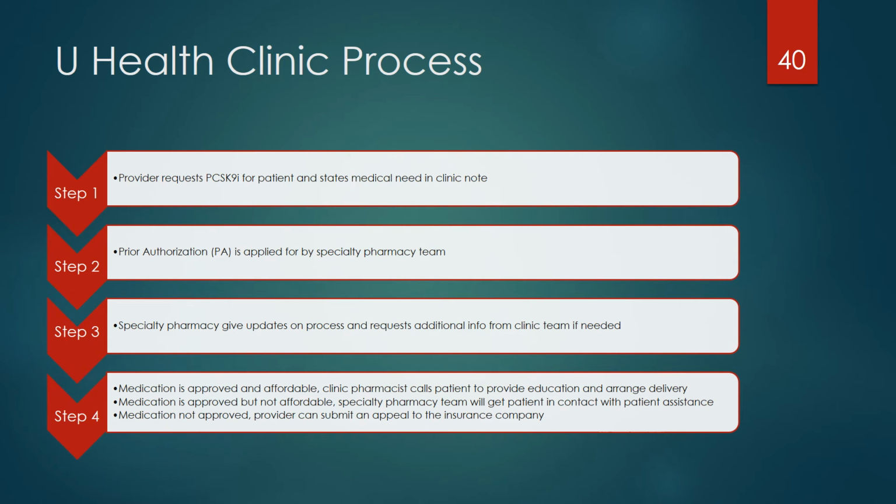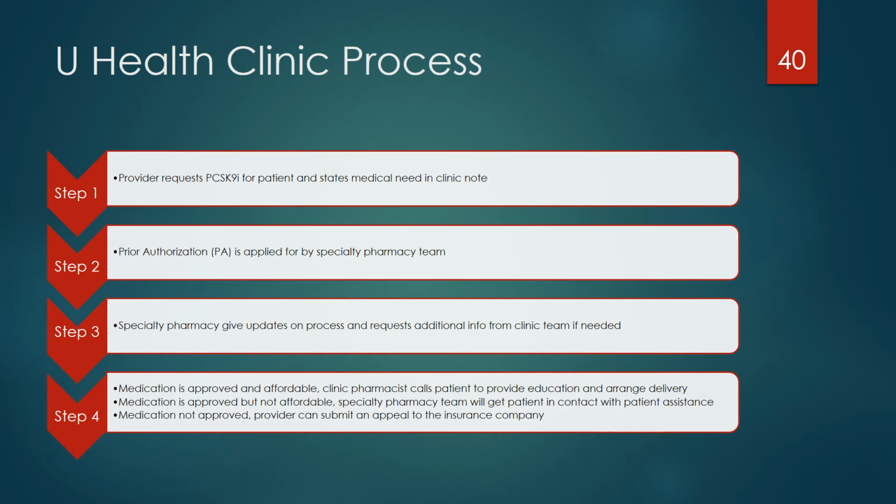Here's the process, as I mentioned, for the UHealth clinic. The provider requests a PCSK9 inhibitor for the patient and states the medical need in a clinic note. Prior authorization is applied for by the specialty pharmacy team. Specialty pharmacy gives updates on the process and requests additional information if needed. And then, depending upon what happens, we go to step 4.